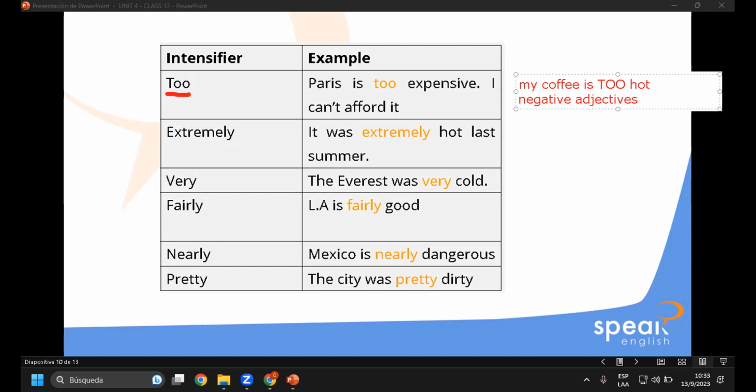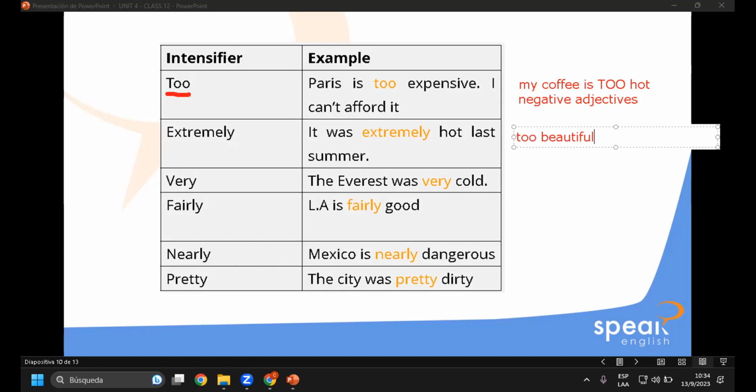We don't use too with positive adjectives because imagine that I say, my city is too beautiful. What will be the translation? What do you think?